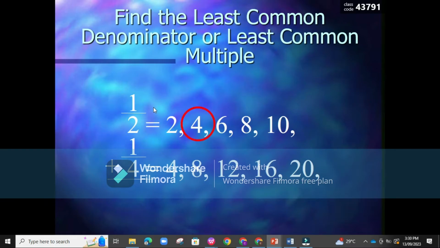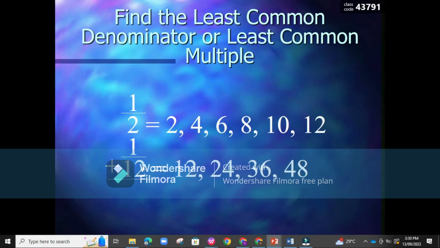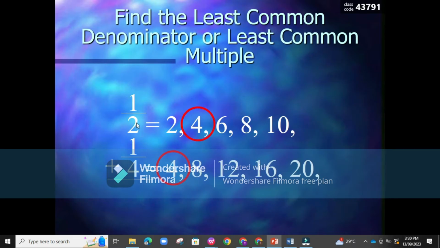Okay, next. For 1/2 plus 1/4, we have different denominators again. For denominator 2, the multiples are 2, 4, 6, 8, and 10. For denominator 4, the multiples are 4, 8, 12, 16, and 20. And the least common multiple or least common denominator is 4.